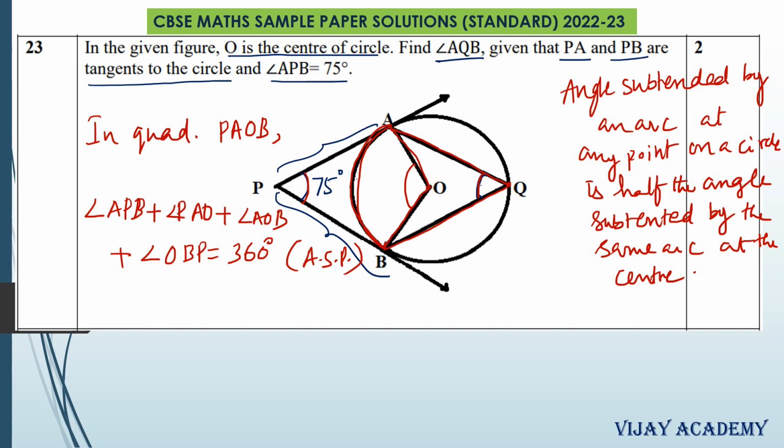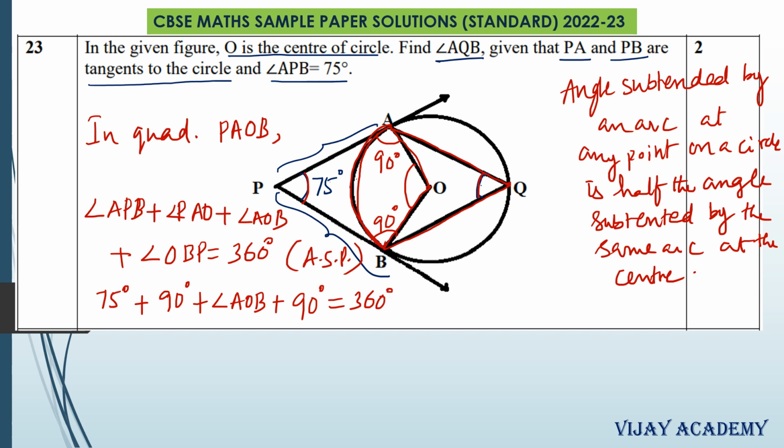Now let us substitute all the known values. Angle APB is 75 degrees. Angle PAO is 90 degrees because that is the angle between the radius and tangent. And angle AOB, we don't know that. And angle OBP also is 90 degrees, the same reason, angle between the radius and tangent, is equal to 360.